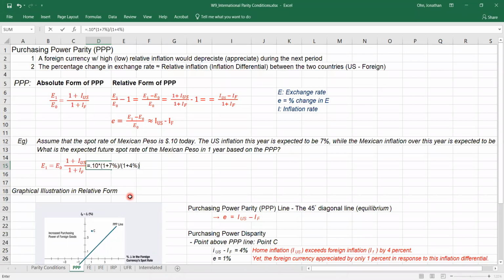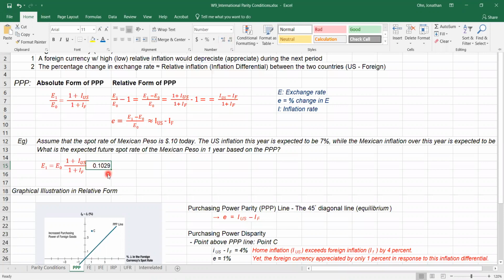See, I used the complete model, the absolute form. And then what we got? I got 0.10288.